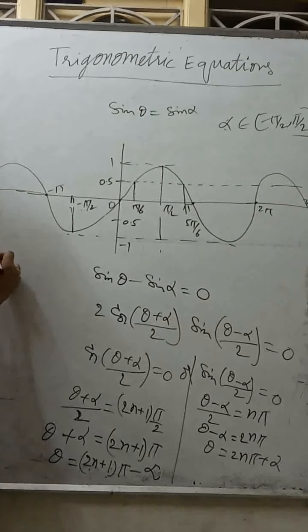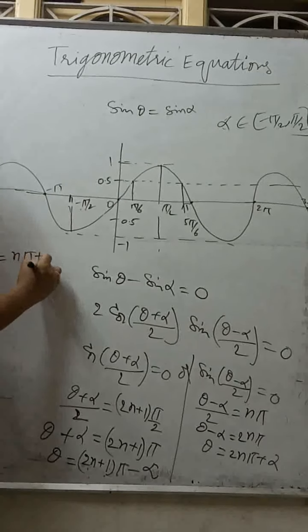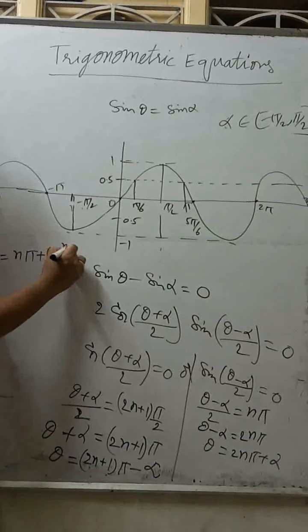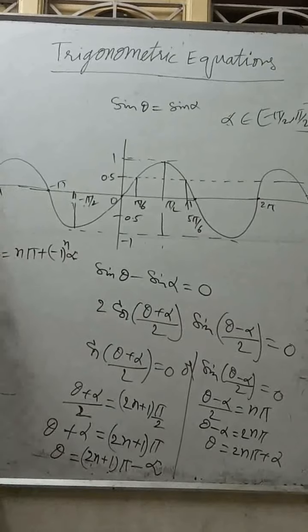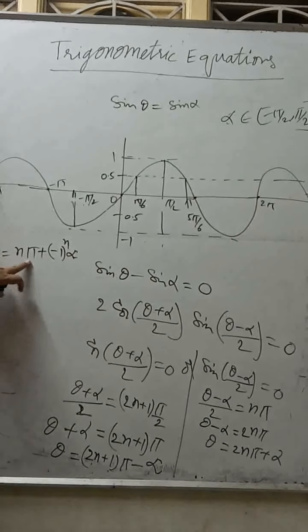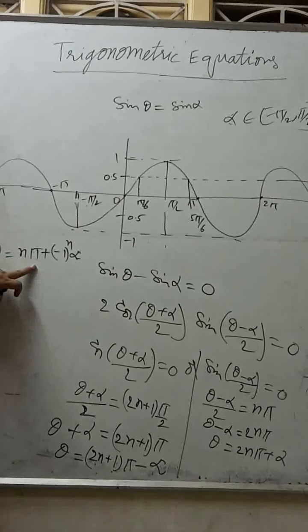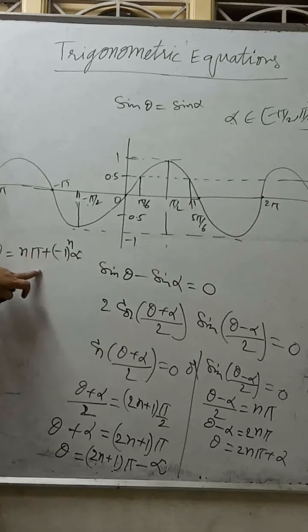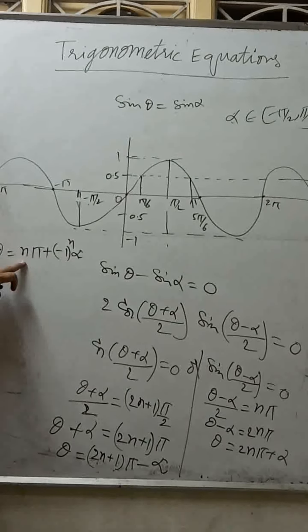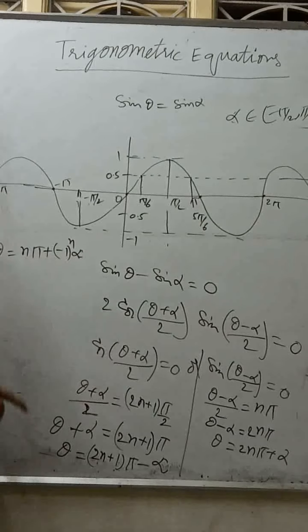So combining both, can I write like this? n pi plus minus 1 whole power n into alpha. If I take n equal to 1, this is an odd multiple of pi, automatically minus alpha. If I take n equal to 2, an even multiple, 2 pi plus alpha, since minus 1 whole square is plus. Again 3 pi minus alpha, 4 pi plus alpha. So I am getting that only.